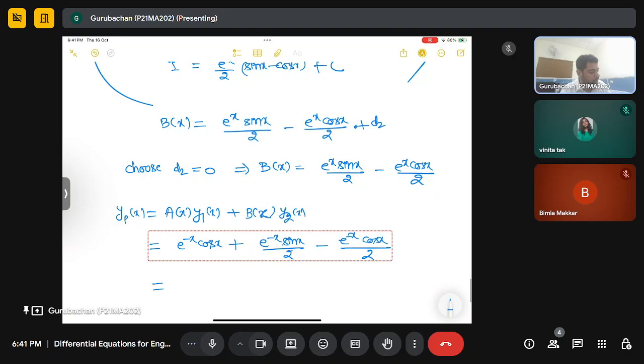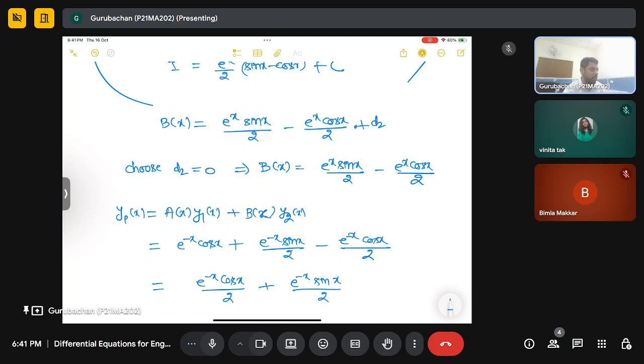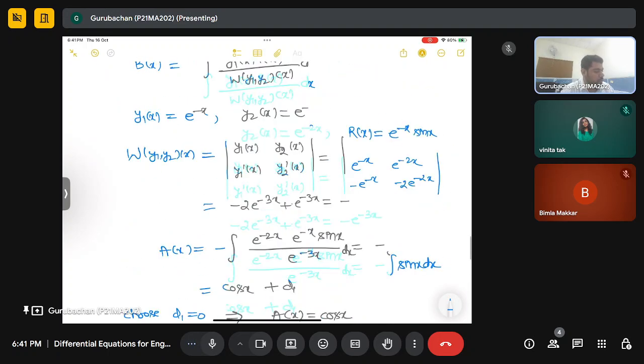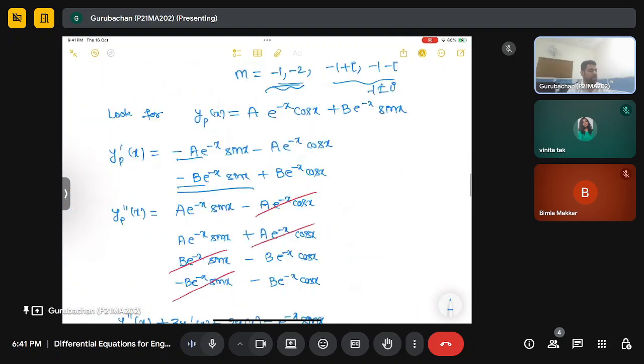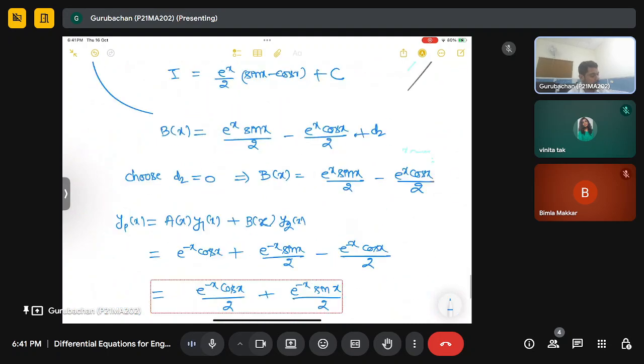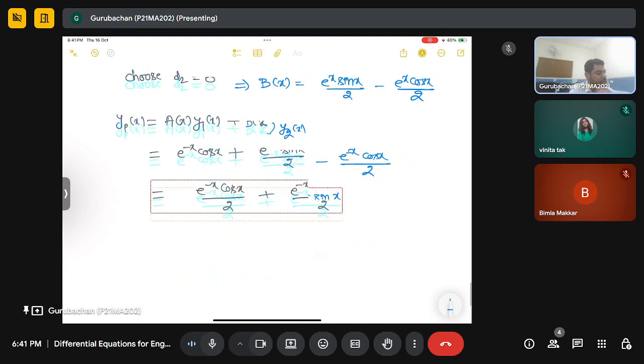So this will be cos x divided by 2 plus e to the power minus x sin x divided by 2. This looks a little different from the previous integral, so let us verify whether it satisfies the given equation or not. I think some minus half should be there.